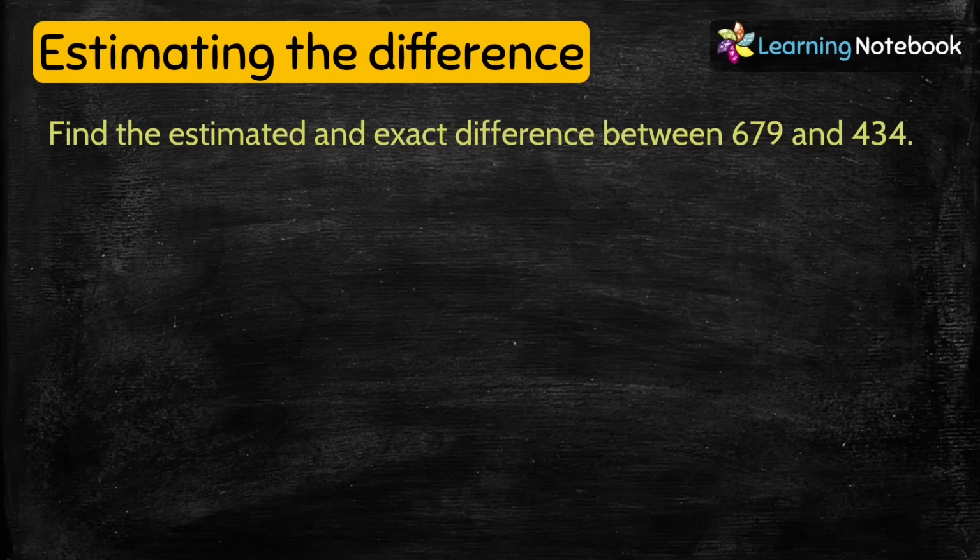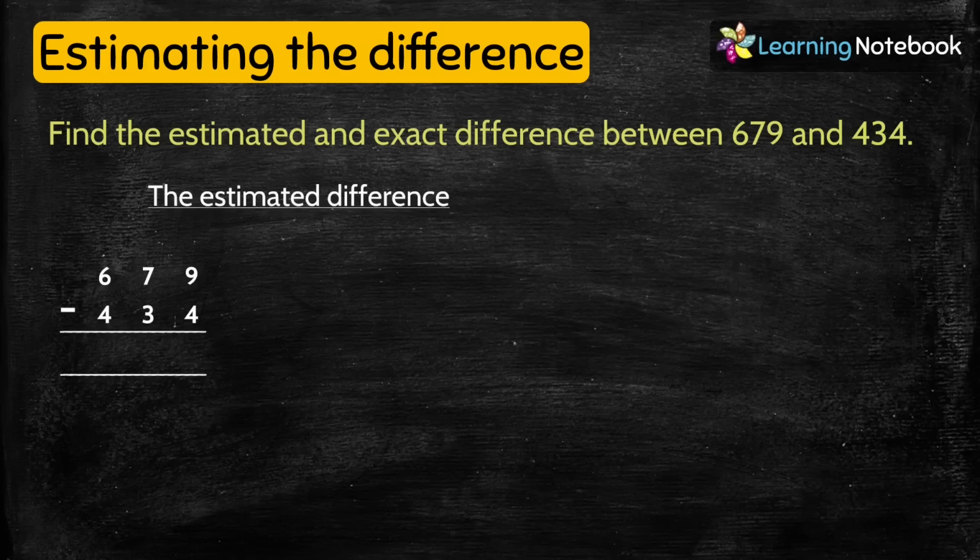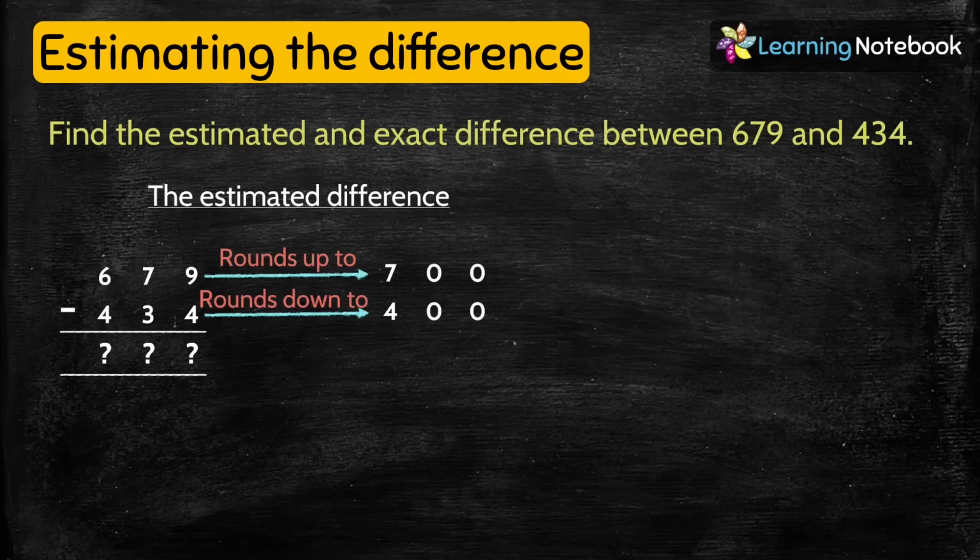So let's first find the estimated difference. For this, we need to round off the given numbers. 679 rounds up to 700 and 434 rounds down to 400.